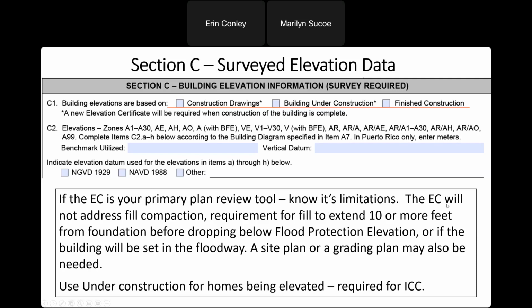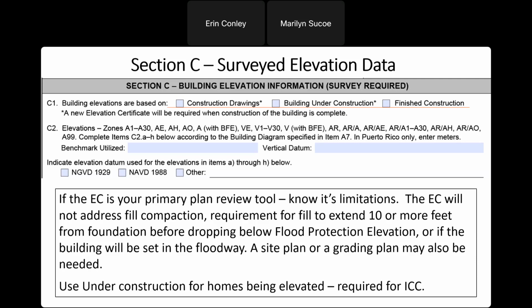An elevation certificate will not address if you're placing a building on a newly filled pad. Was that fill pad compacted? Was that fill extended 10 or more feet beyond the foundation before dropping below the flood protection elevation?